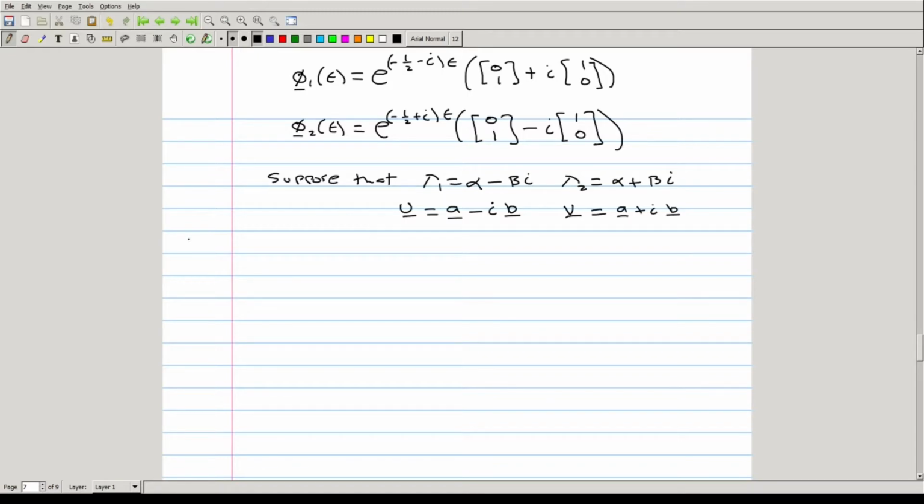And the idea here is the following. So we'll just consider how we can simplify phi1 of t.